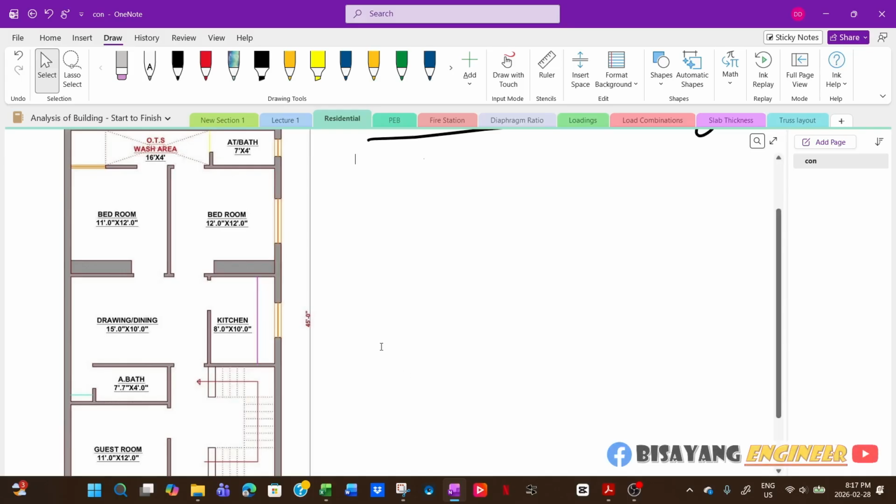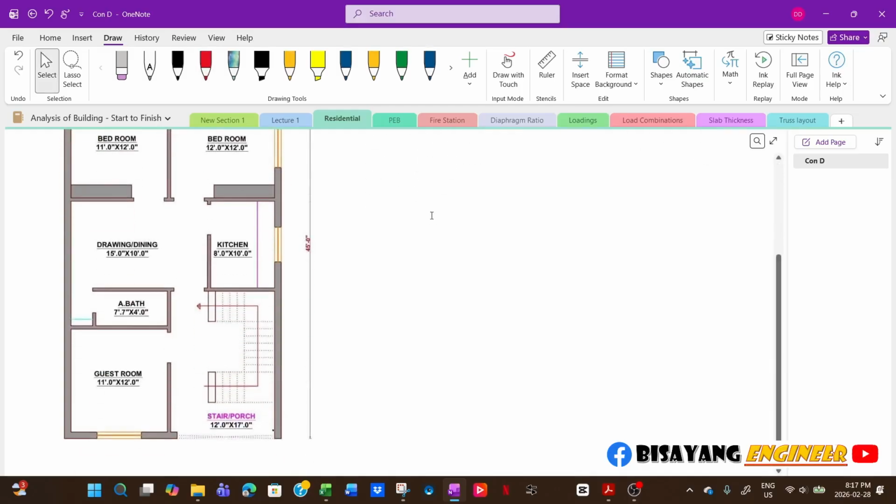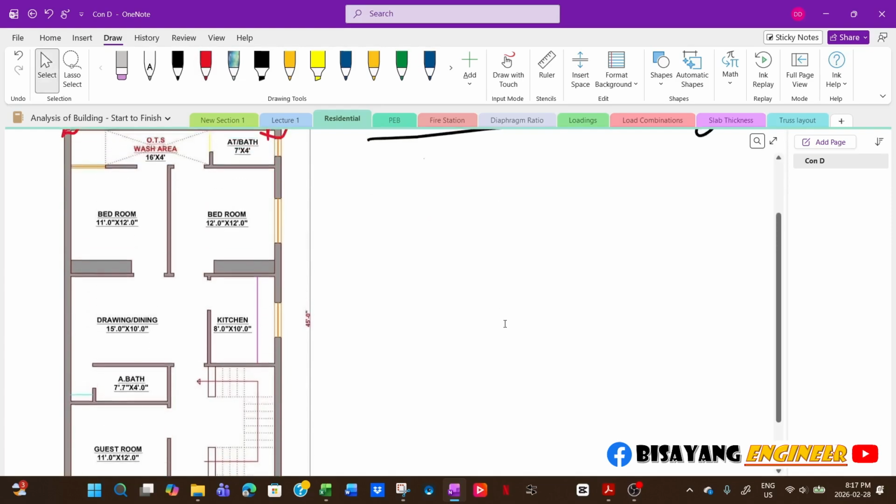So for example, if this is a concrete building, and our typical construction is, we will have columns, and then most likely columns at the corner. And since this is an opening, it would be better if you have another column here. And if possible, you can have a column on this side as well. And then next would be somewhere here.